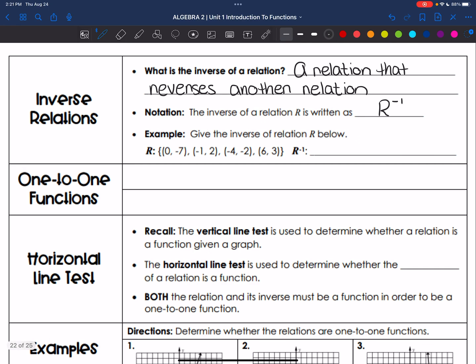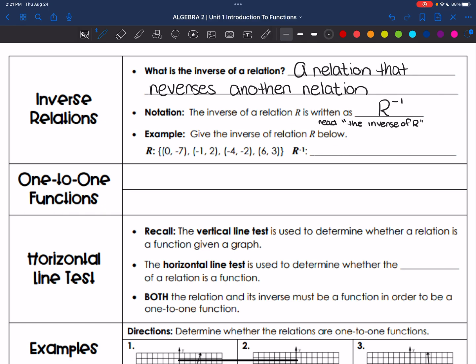You would read this as the inverse of R. And so given the relation R below, the inverse is going to reverse it.